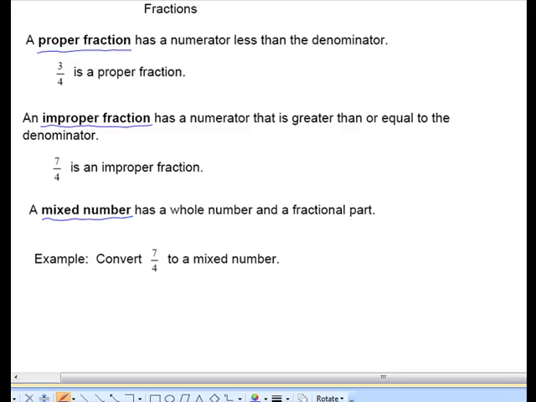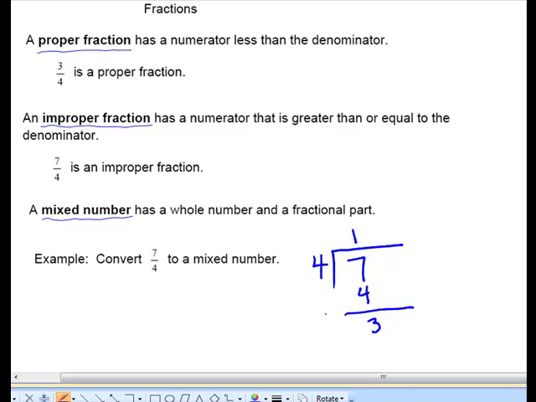Let's convert the following improper fraction to a mixed number. So we're going to divide the denominator into the numerator. So we need a long division. 4 into 7. And it goes 1 time, multiply back, 1 times 4 is 4, and subtract.